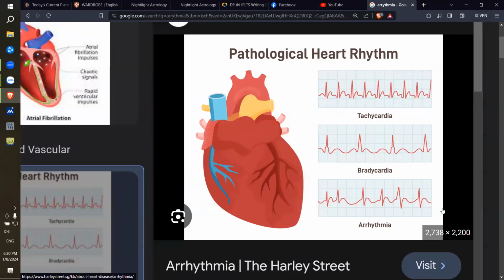It is a type of irregular heartbeat. People may feel a fluttering or racing heart. Arrhythmias can be life-threatening and have severe complications. It is sometimes very life-threatening.